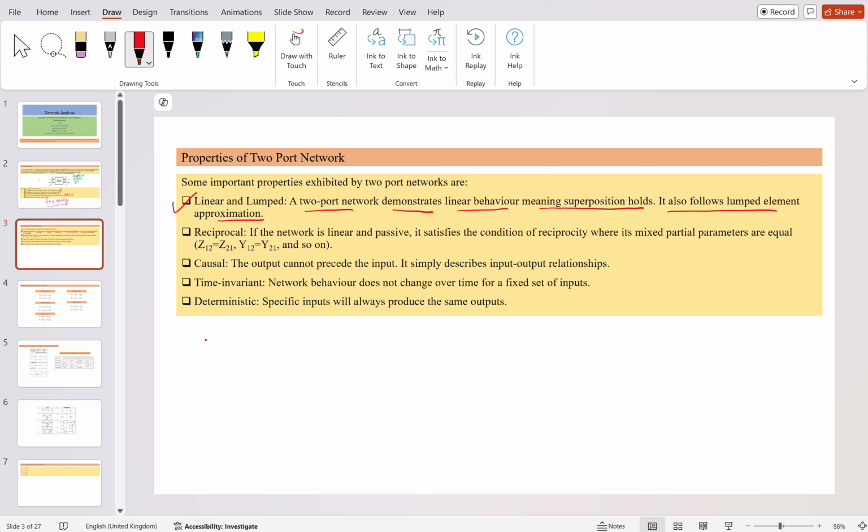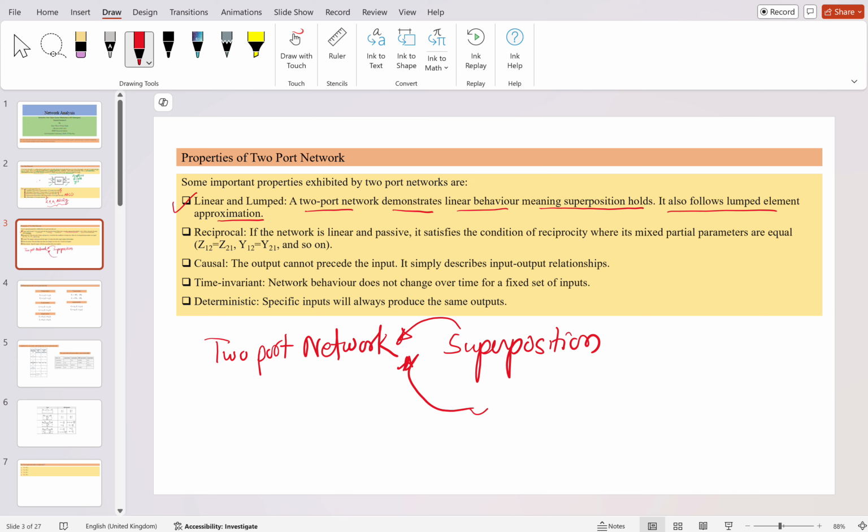It means that when you have this two-port network, you can apply superposition because it is a linear circuit. And it also follows the lumped element approximation. If you have distributed parameters, you can approximate them to lumped parameters.